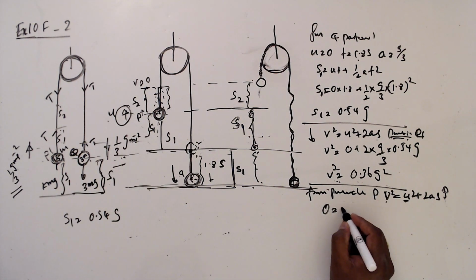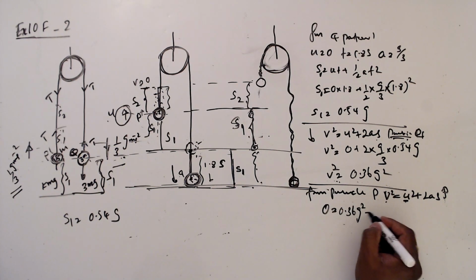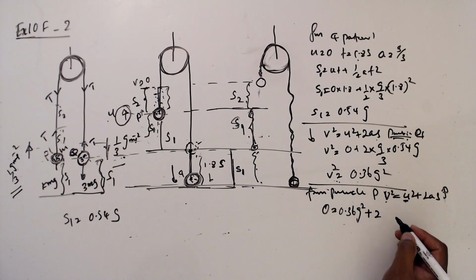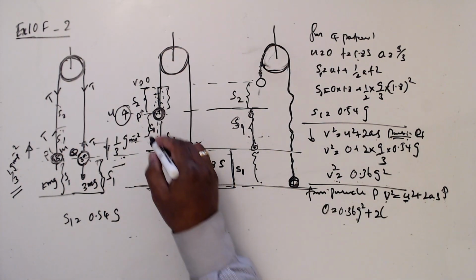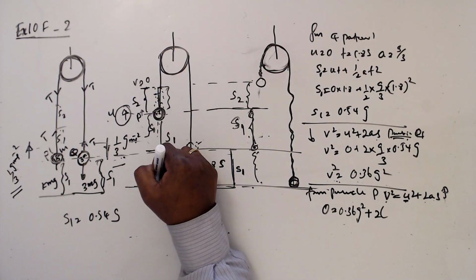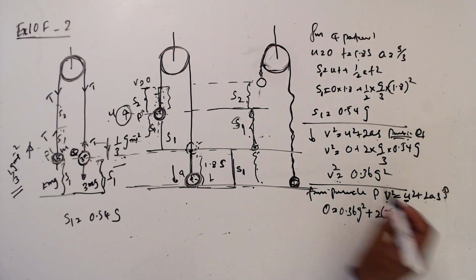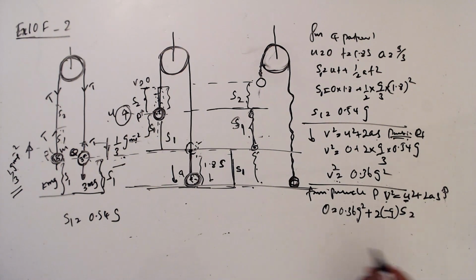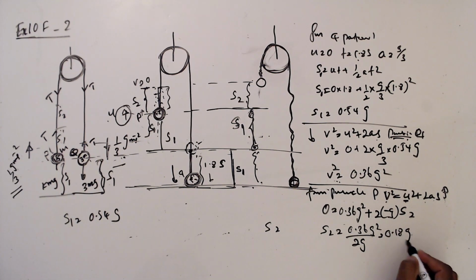So this is going to be 0.36 g square plus 2 times a. Now it is going under gravitational. So gravitational force is g downward. So this is minus g, and this distance is s2. So s2 is 0.36 g square divided by 2g. This is going to be 0.18 g.